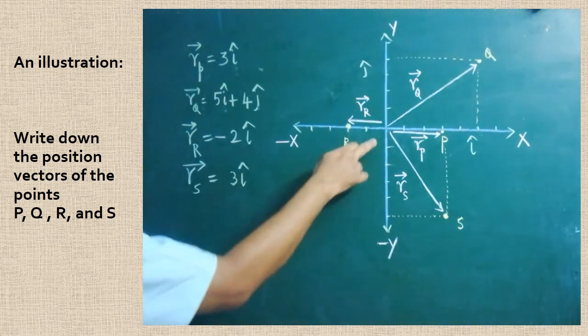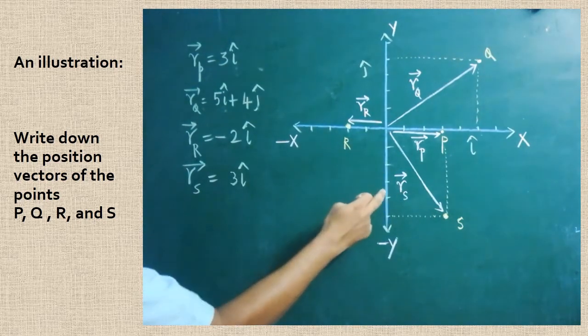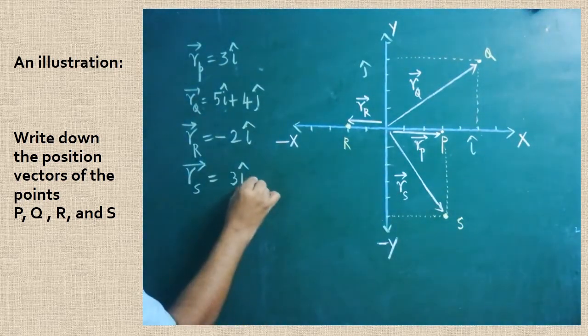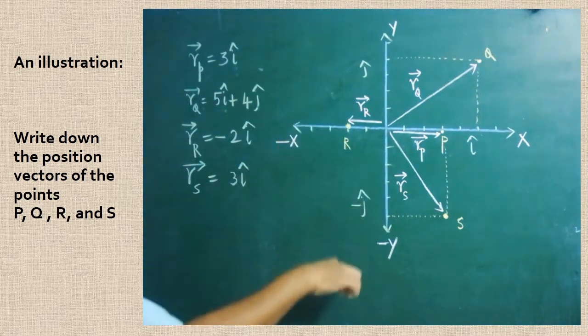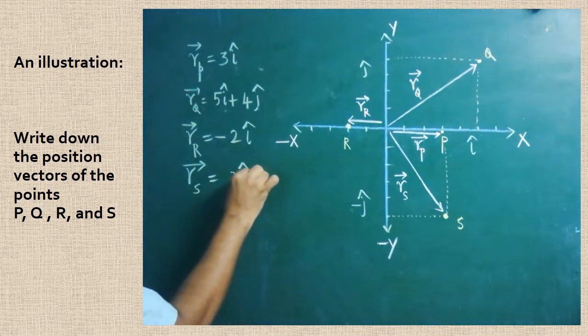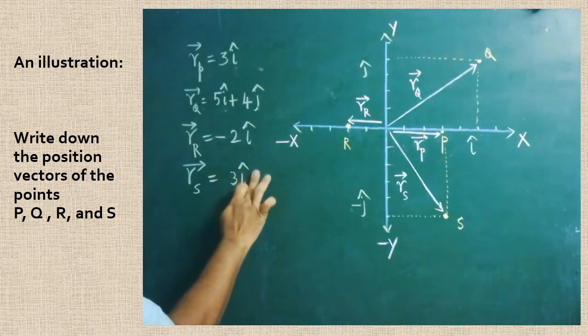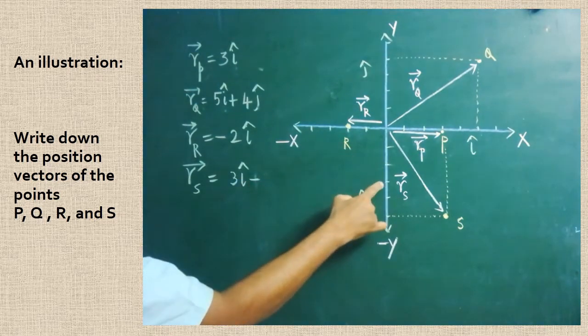But with respect to y-axis, at what distance from the origin that point is? 1, 2, 3, 4, 5. Therefore, here we have to assume the negative y-axis, no. Therefore, we have to use the term minus j cap. So, plus, after writing plus, we have to change the sign, or in the beginning itself we can write minus 1, 2, 3, 4, 5.